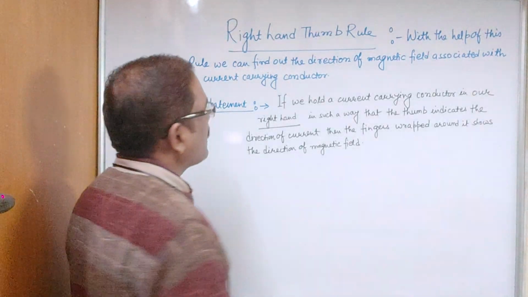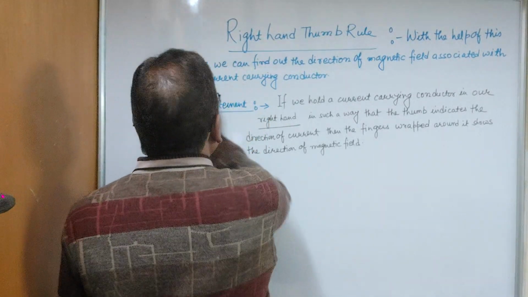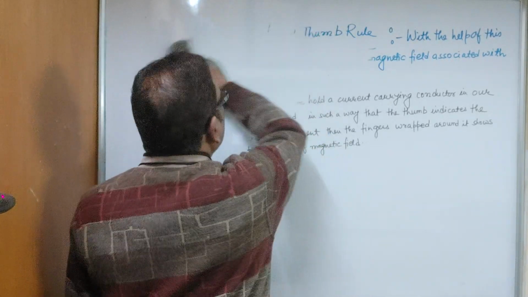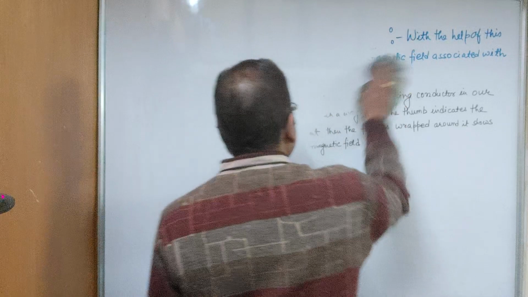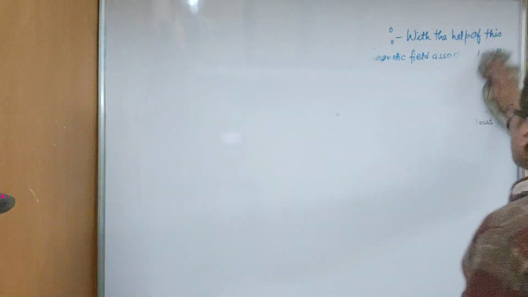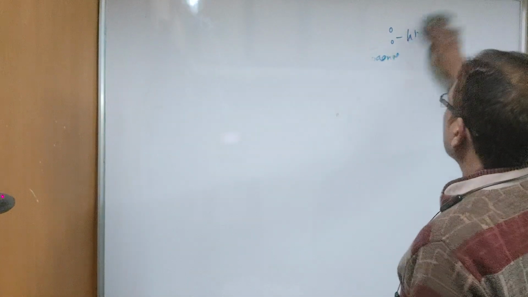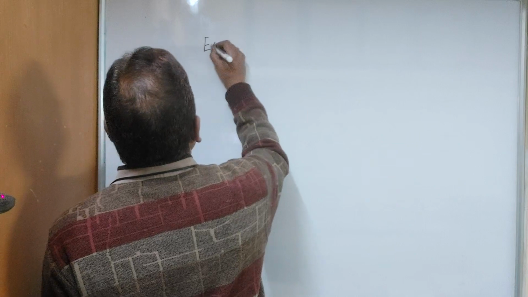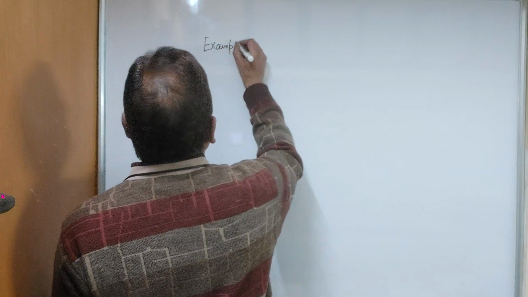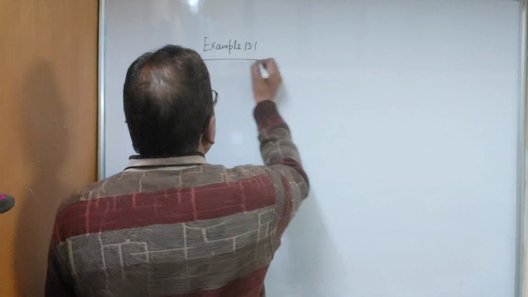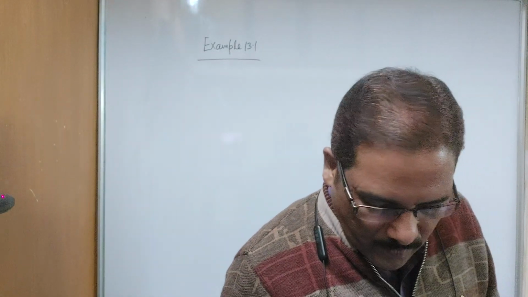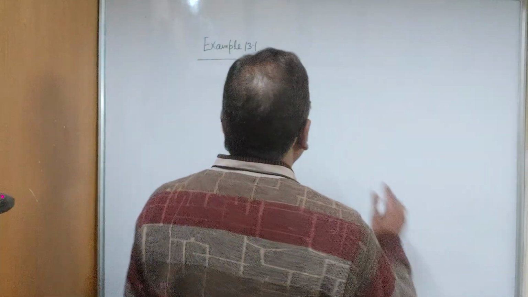Now example 13.1: a current through a horizontal power line.